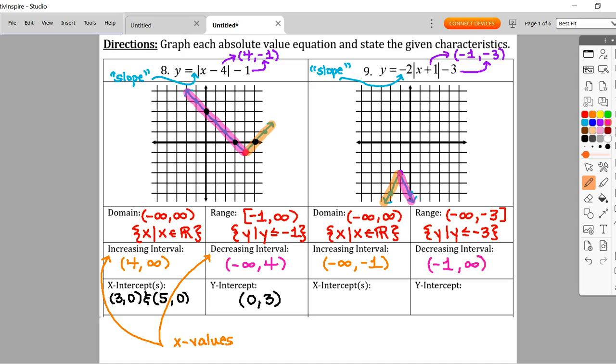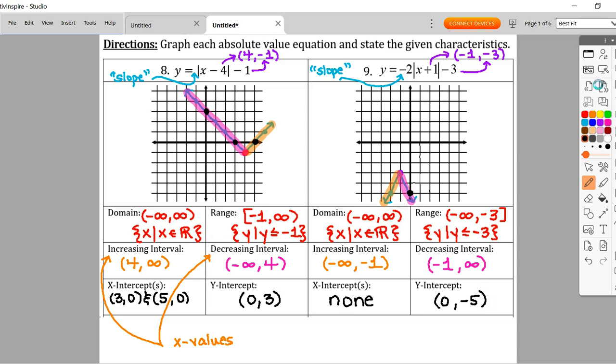Again, decreasing interval, look at that negative slope. There's no point where it crosses the x-axis, so there's going to be no x-intercepts. But we do have a y-intercept here. Count it down, you are at (0, -5).